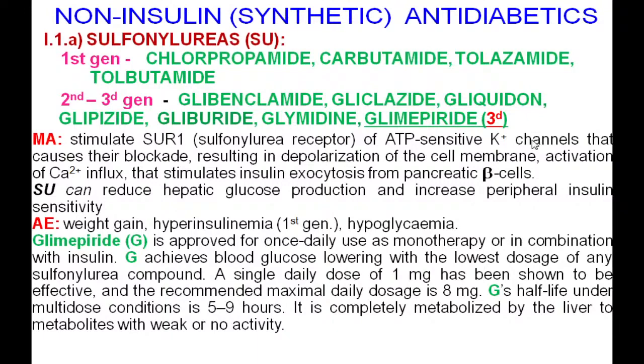Stimulation of these receptors causes blockade of these channels, resulting in depolarization of the cell membrane, activation of calcium influx that stimulates insulin exocytosis from pancreatic beta cells.